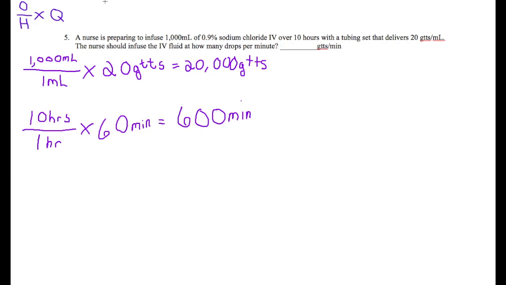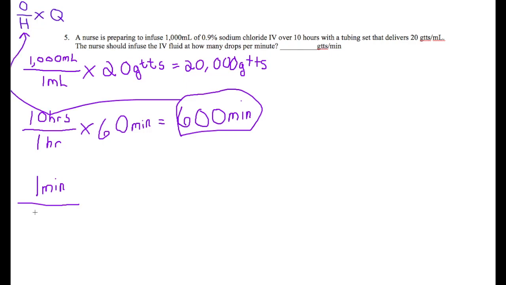So the last part of this is finding that final desired or ordered. So that final one is going to be 1 minute because I want to know how many drops per 1 minute. So 1 minute is going to be my ordered. And then I know that I have 600 minutes. So I have 1 minute over 600 minutes.